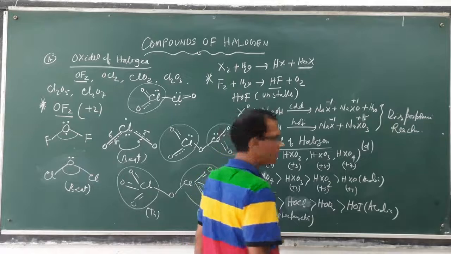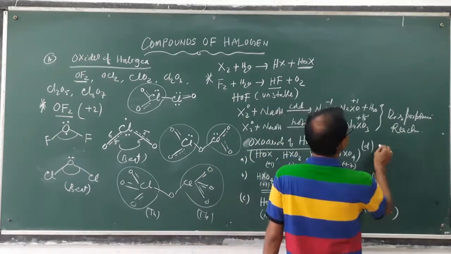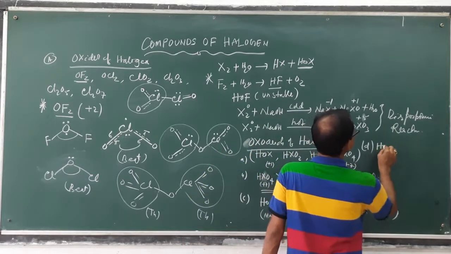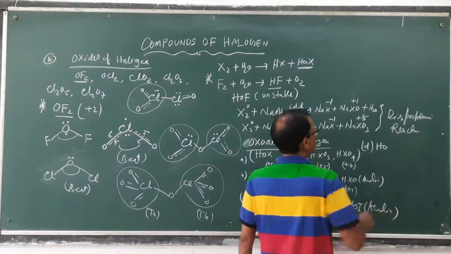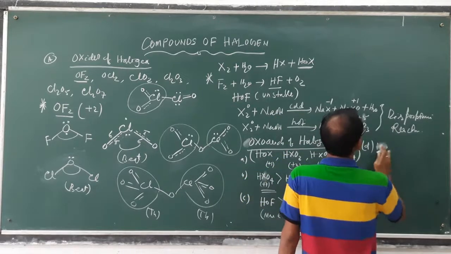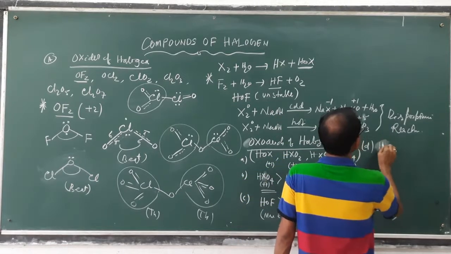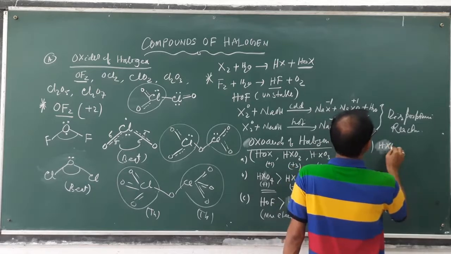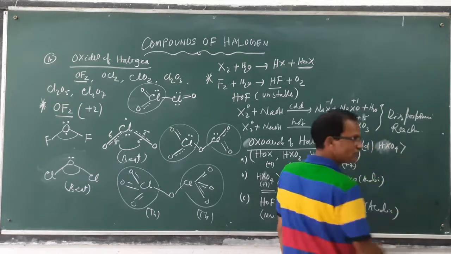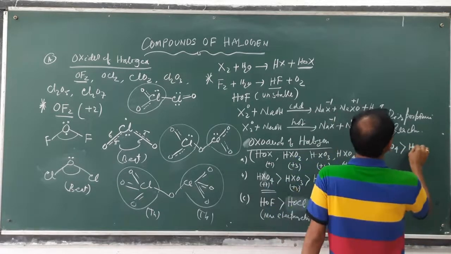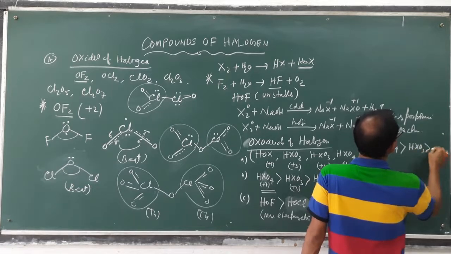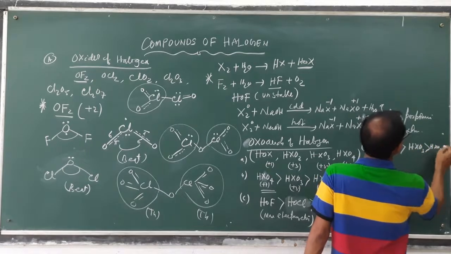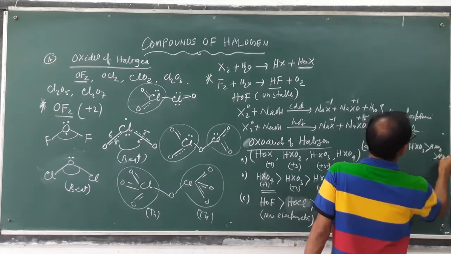Then if you compare oxidizing character, HXO4 is more oxidizing than HXO3, then HXO2, then HXO.